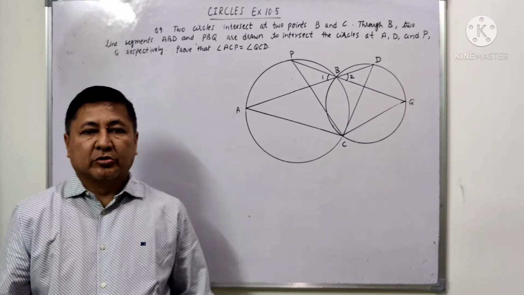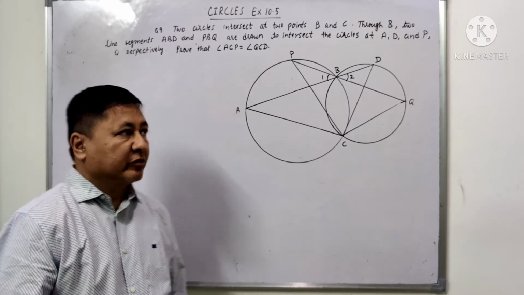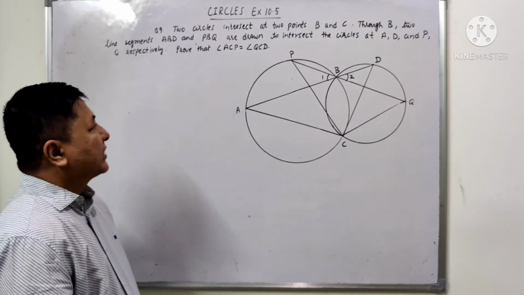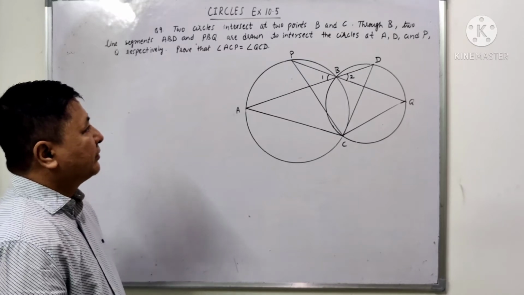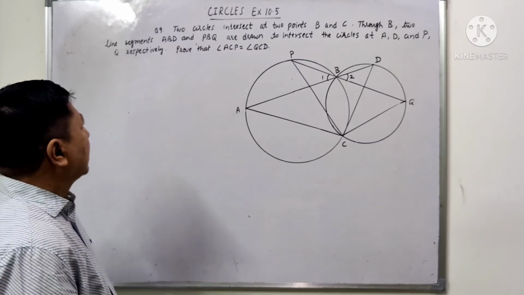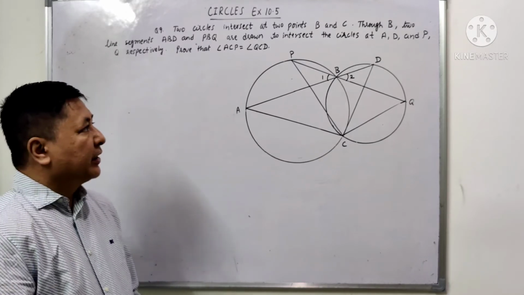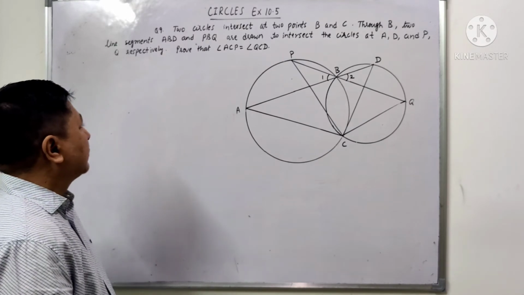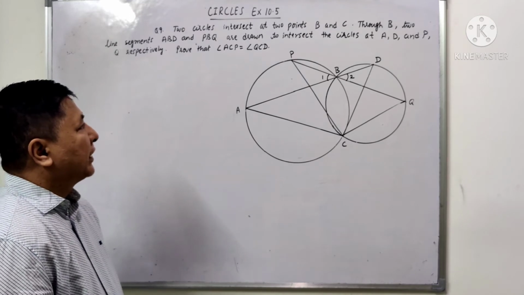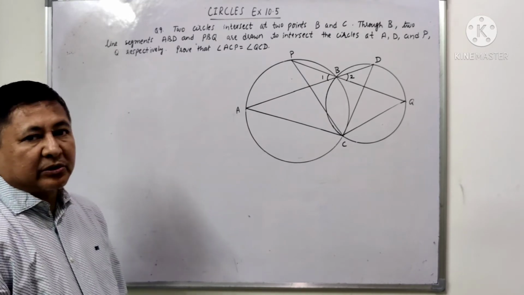Now let us solve question number 9 of exercise 10.5. Two circles intersect at points B and C. Through B, two line segments ABD and PBQ are drawn to intersect the circles at A, D and P, Q respectively. Prove that angle ACP is equal to angle QCD.